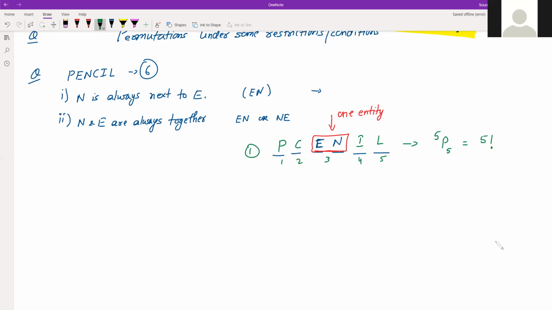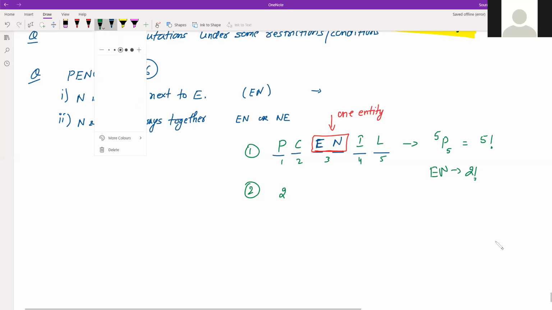Understood the first part? The second part is that now this EN can themselves, because there are two things there, arrange in 2 factorial ways. The second part doesn't say that N will always be after E or E always after N. It says E and N can be together. So if they are together, they themselves can arrange in 2 factorial ways.